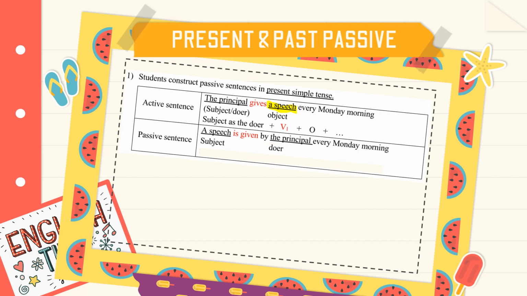So the pattern or the formula of a passive sentence in present simple is subject plus is or are plus verb 3 plus the doer. Okay, do you always have to mention the doer? No. If the doer is not specific, then you don't have to mention the doer.